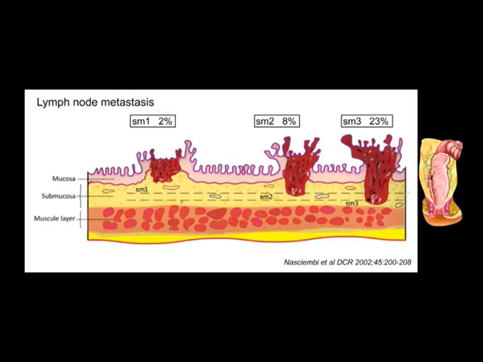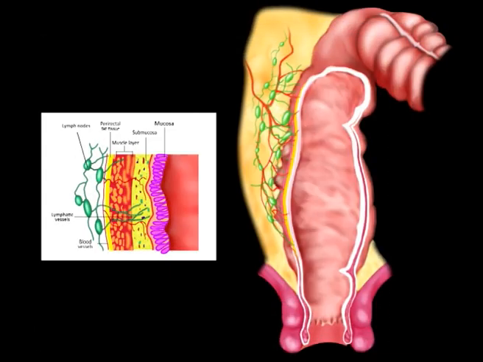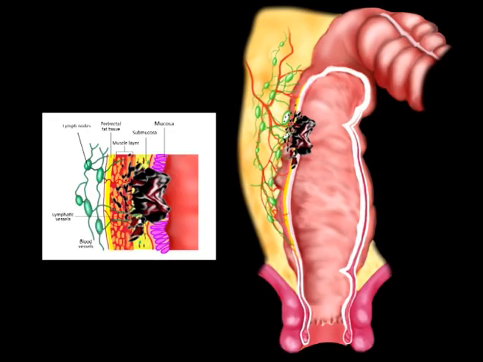However, this rises to 8% in the middle third and 23% in the deepest third. This increases to around 30% for the tumours invading the muscularis propria.